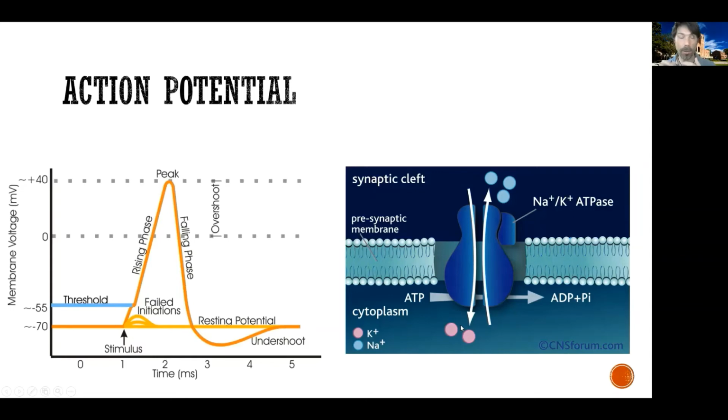So at every cycle, the inside is getting more negative because it loses 3 positive charges, it gains 2. So there's a 1 point of negative, right? There's an increase of how negative the inside of the cell is compared to the outside, thanks to the sodium-potassium pump.